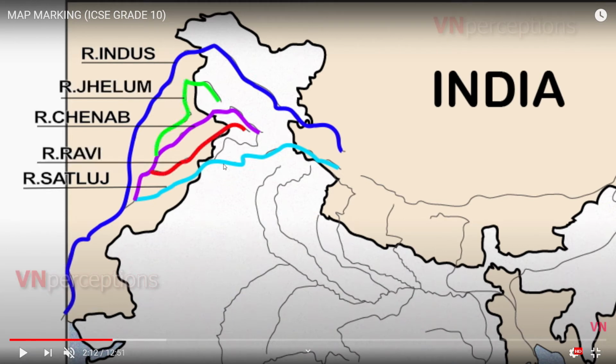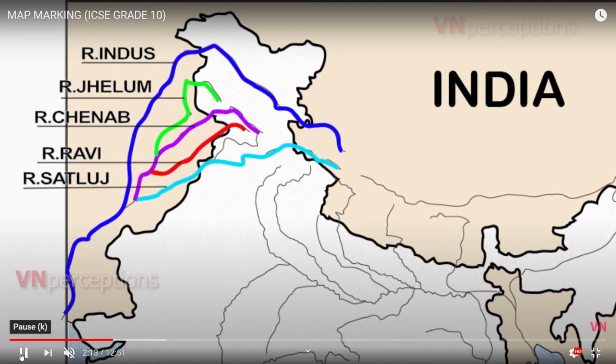Ravi. River Ravi rises just below river Chenab at this place. It flows parallel. Chenab and Ravi are called sister rivers because these two rivers flow parallel, and their names are also taken together. Now the smallest river which rises in the hills of Himachal Pradesh and meets river Satluj and goes to Pakistan is Beas.